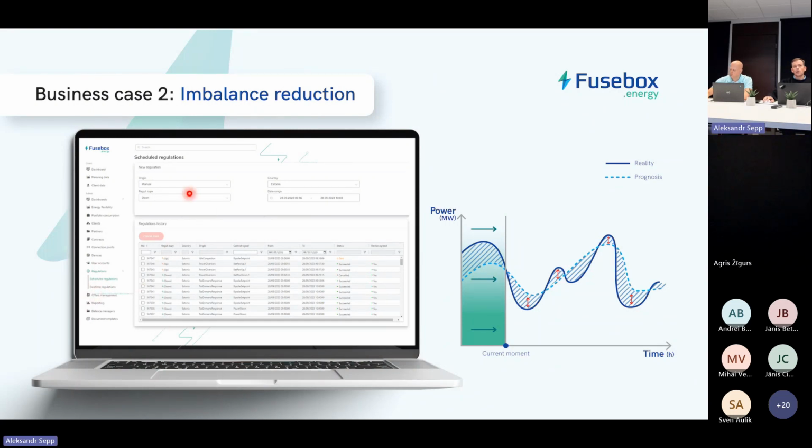When you have a scheduled regulation, you choose a different region, you can choose a different time of the day or even a day of the week. Choose what type of regulation you would like to have, pick up the assets, push the next button, and the activation will be sent to your production or even consumption unit.